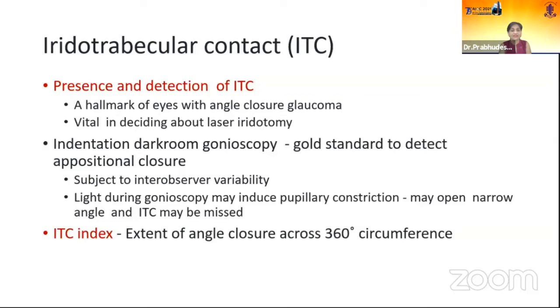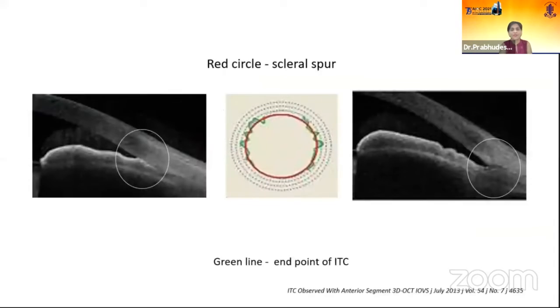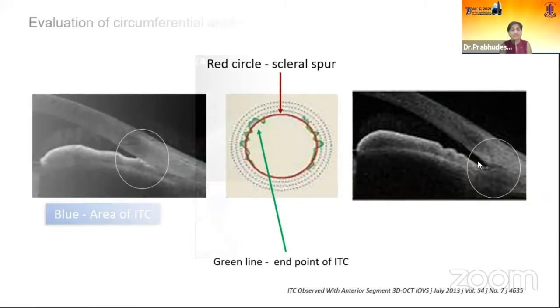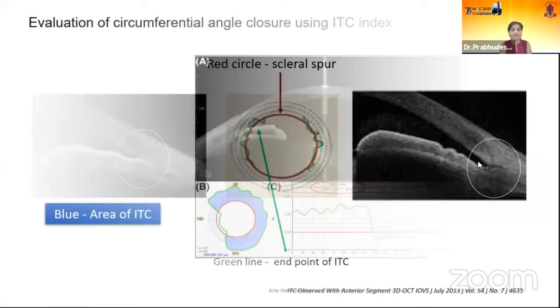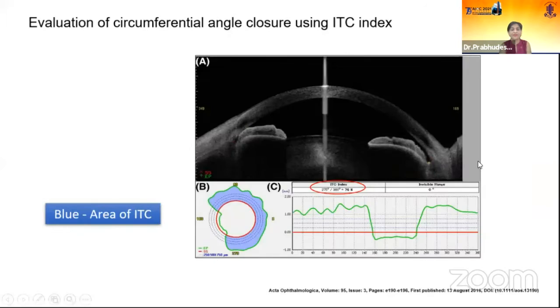So the ITC index is the extent of angle closure across the 360-degree circumference. This red circle represents the scleral spur, and the green line is the end point of ITC, which can differ in one particular patient like this. It can be very anterior, and it can also be totally normal. This gives us a blue area, which is the area of ITC, and this will give us an ITC index in percent.